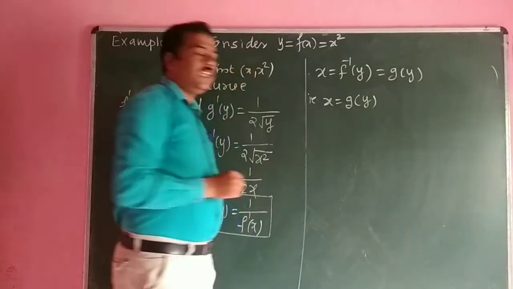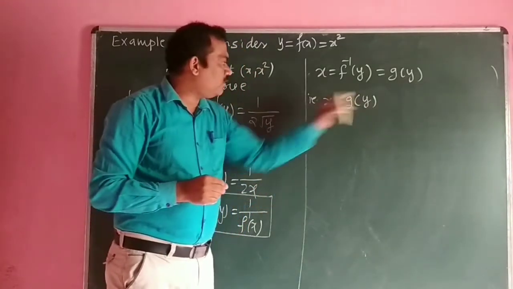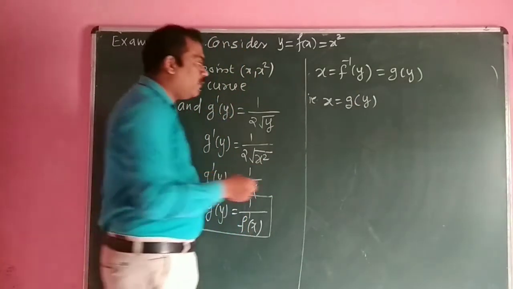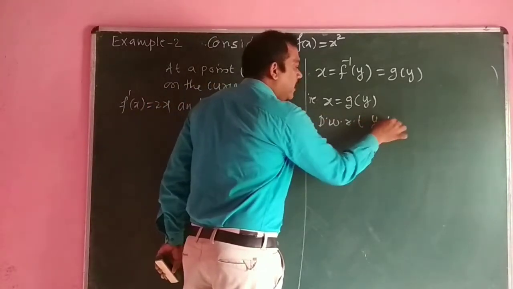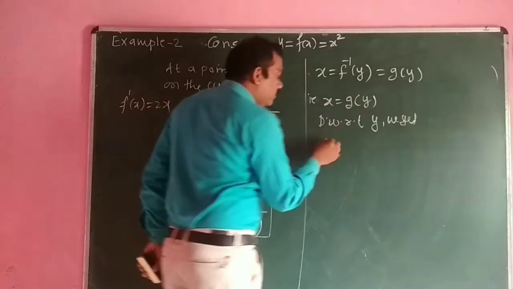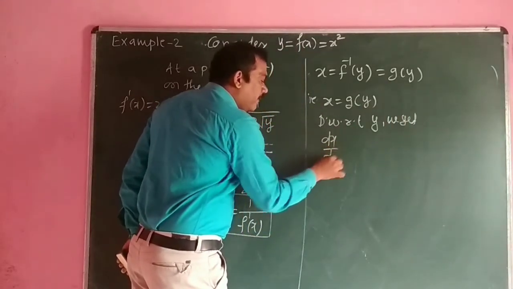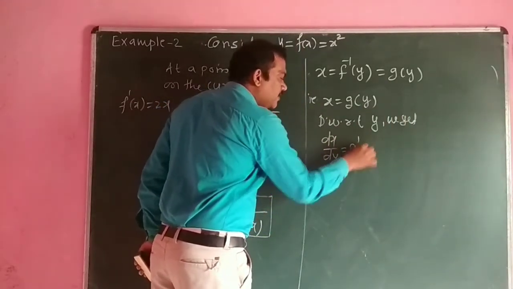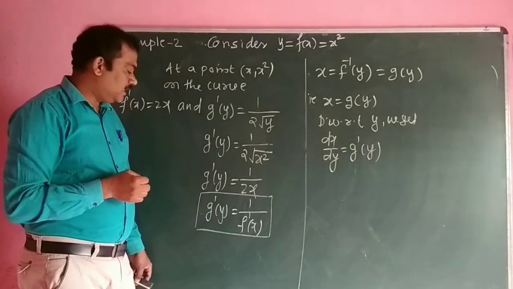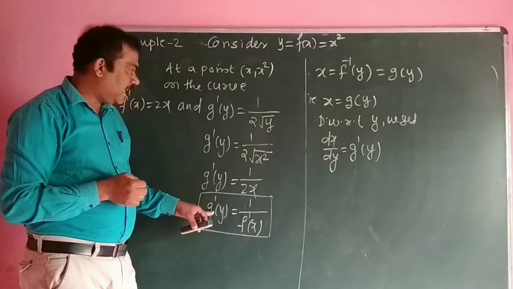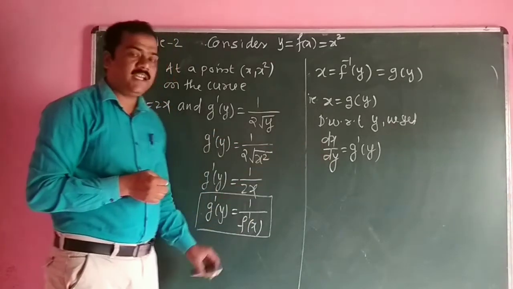If we differentiate this with respect to y, we get dx by dy is equal to g dash of y. dx by dy is nothing but the g dash of y.